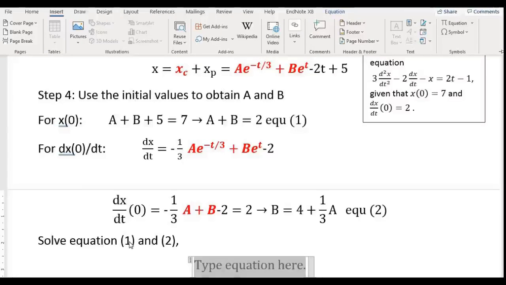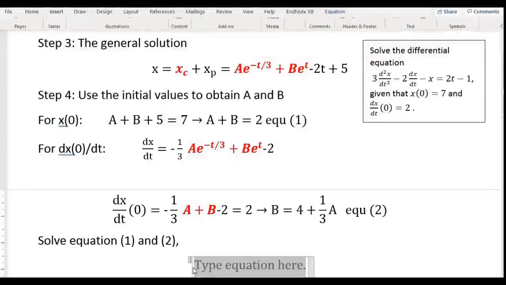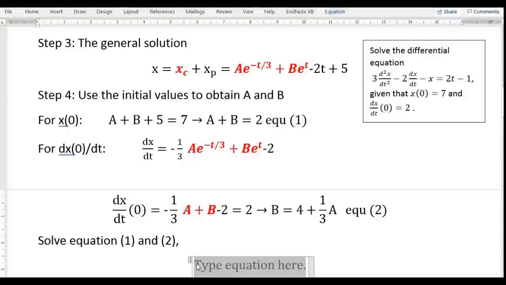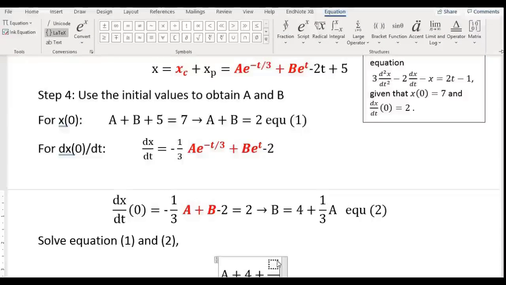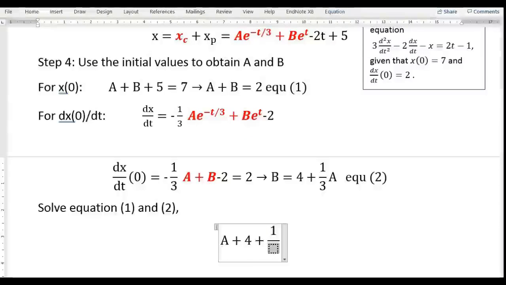Okay, by solving equation 1 and equation 2, we're going to get the values of a and b. So in this case, I substitute equation 2 into equation 1. So I will have a plus 4 plus 1 over 3 a is equivalent to 2.